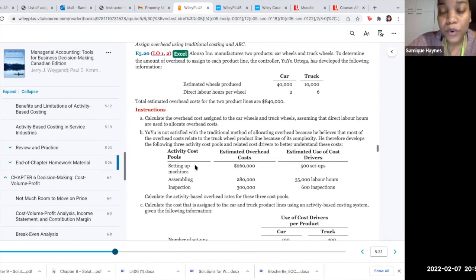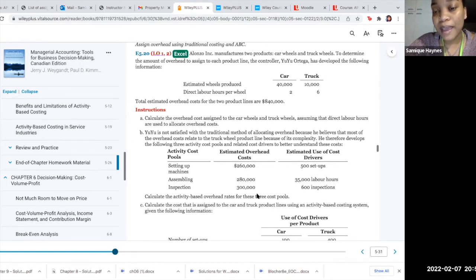So the 3 pools he had here, so he's saying this $840,000, he's gonna break it down into 3 parts. Setting up machines is the first activity cost pool, assembling and inspection. He estimates that setting up machines, the estimated overhead cost is $260,000. For the assembling activity cost pool, it's $280,000.